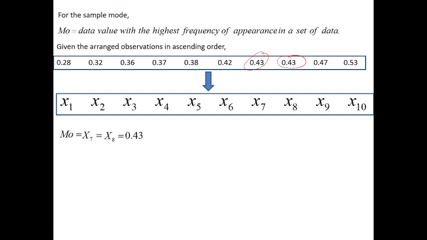Okay. So take note that if all values are different, your answer will be no mode. If you have, for example, 0.37 occurring twice and this one also occurring twice, then you will have two modes, 0.37 and 0.43, and that is bimodal.